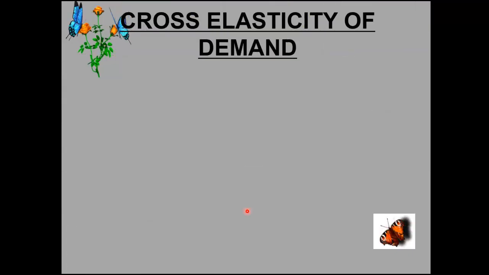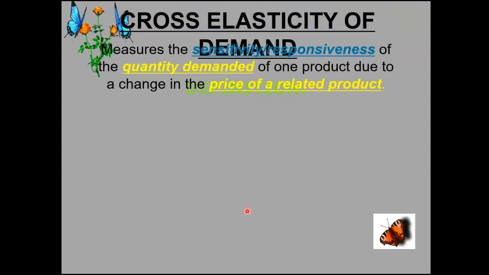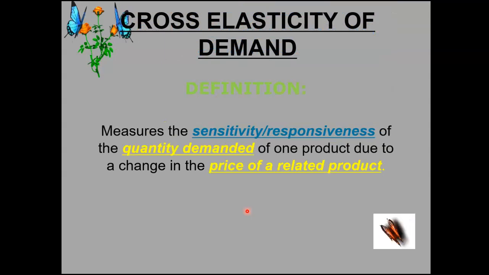And the third one will be the cross elasticity of demand. Cross elasticity of demand ni berkaitan tentang dua barang, dua jenis barang. Formula dia actually sama je macam price elasticity of demand.